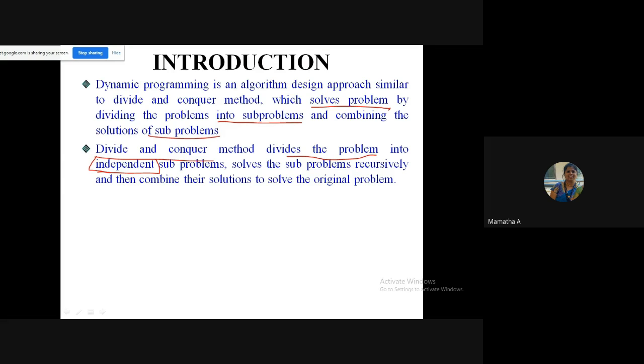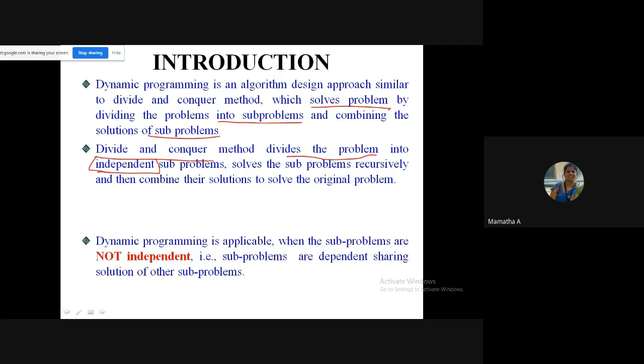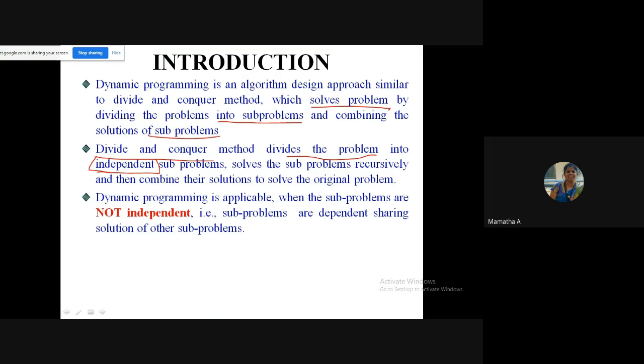But dynamic programming is quite different in this case. It also divides the problem into sub-problems, but the sub-problems are now dependent. What do you mean by dependent? Sub-problems are dependent means they share the solutions of other sub-problems.